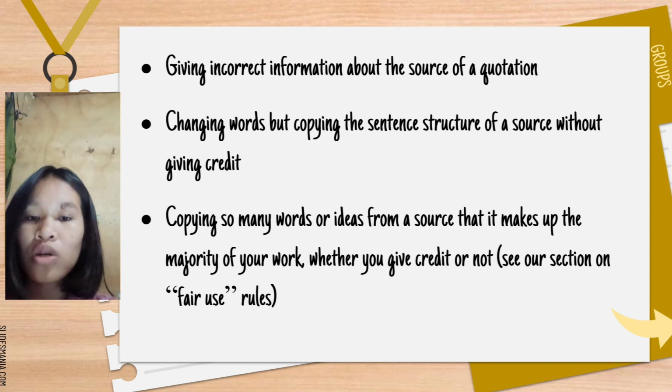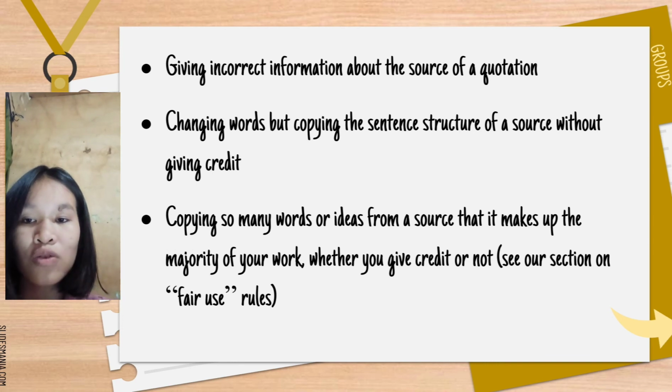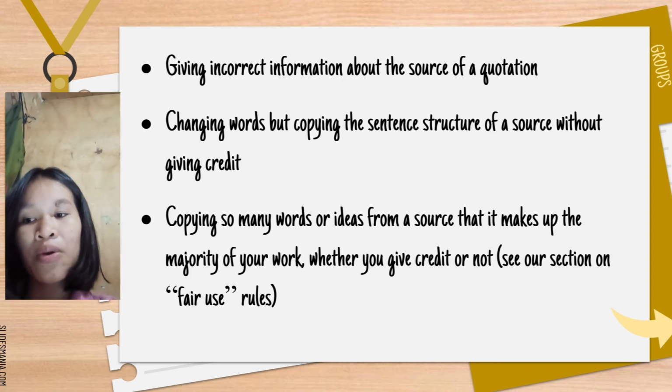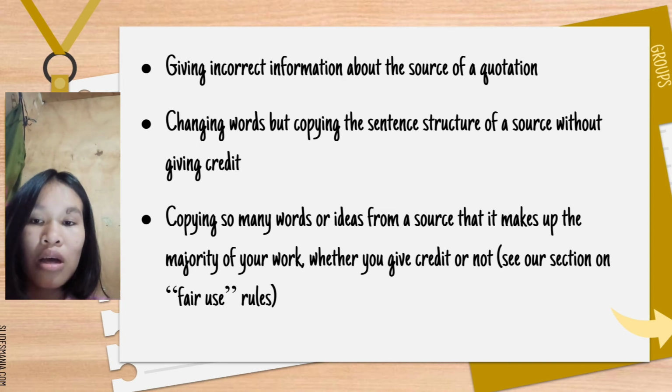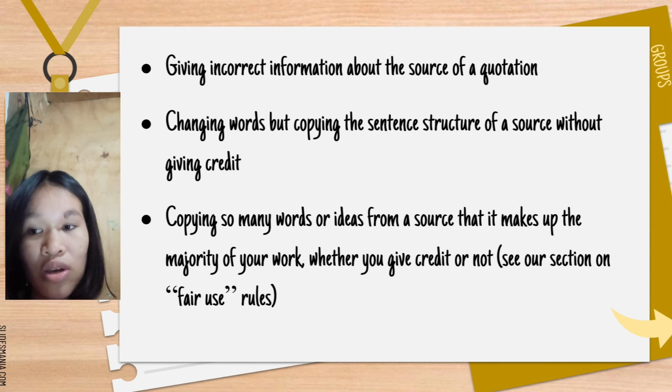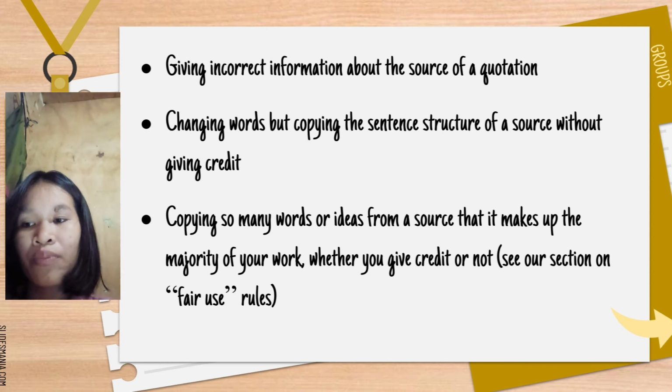Fifth, changing words but copying the sentence structure of a source without giving credit. 6. Copying so many words or ideas from a source that it makes up the majority of your work, whether you give credit or not. See our section on fair use rules.